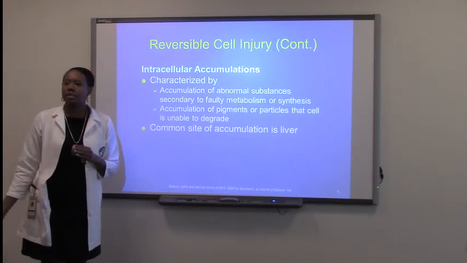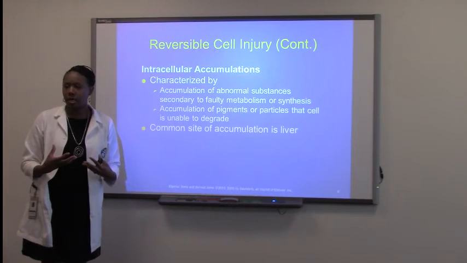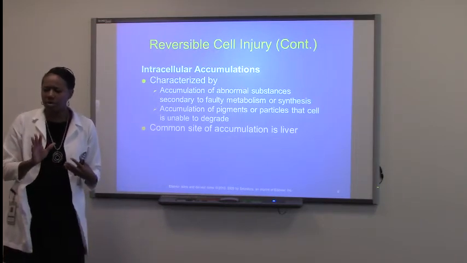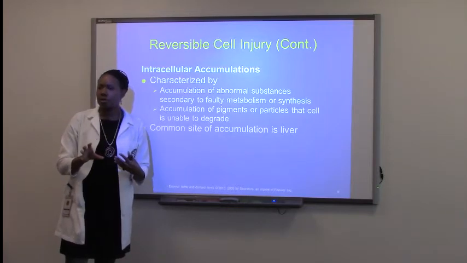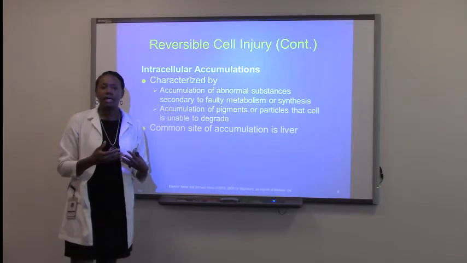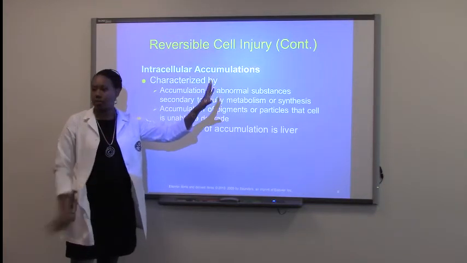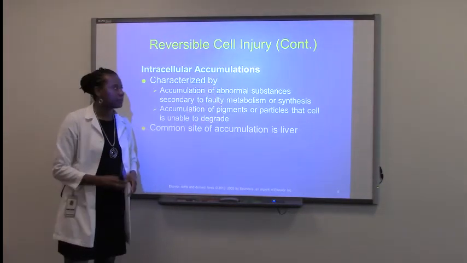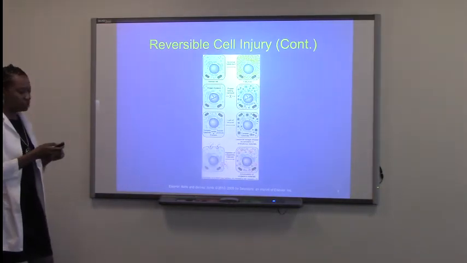So these individuals will start to accumulate lipids in their liver. I'm quite sure you may have heard that people that are alcoholics sometimes develop what is called fatty liver. This is because the detoxification is taking precedence over all of the other functions that the liver should be doing. So that's one very good example of intracellular accumulation.